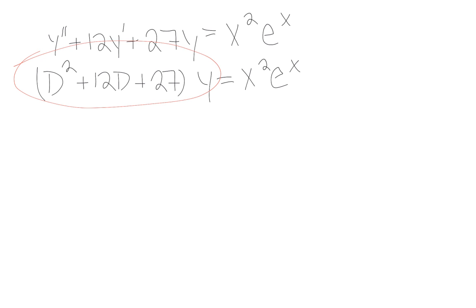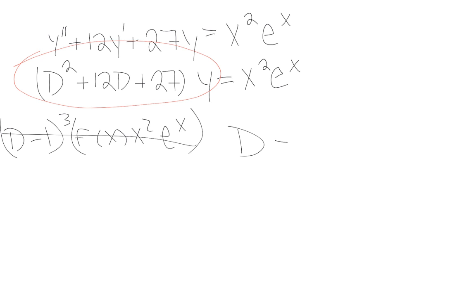So if I said f of x is x squared e to the x, the differential operator that would annihilate that, and I mentioned it earlier, would be d minus 1 cubed. So when I apply the differential operator d minus 1 quantity cubed to x squared times e to the x, I get 0.